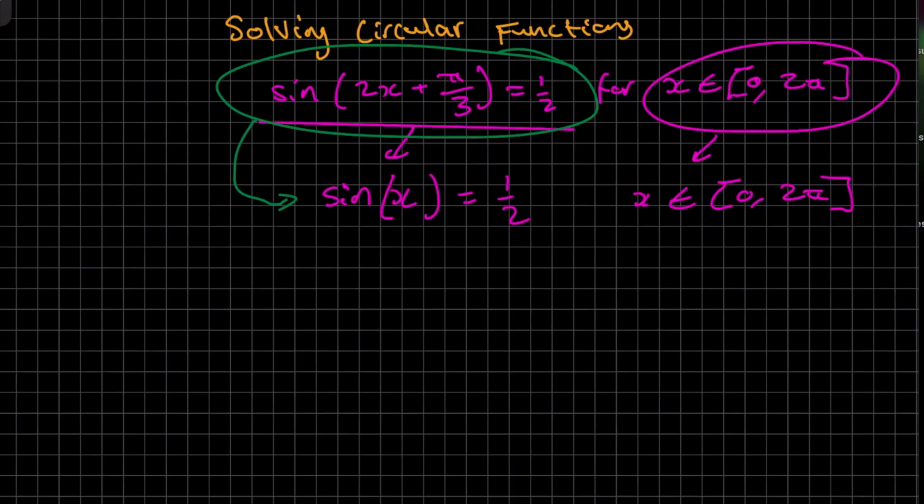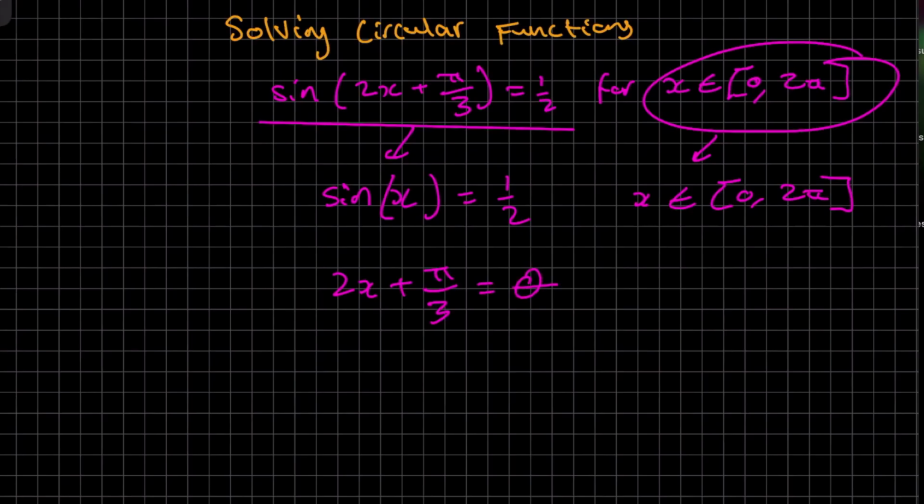The way that we can do this is by making our values in the brackets equal to theta. So if I make 2x plus pi on 3 equal theta, then I can rewrite this equation over here as sine theta equals a half. And again, this becomes much easier to solve.